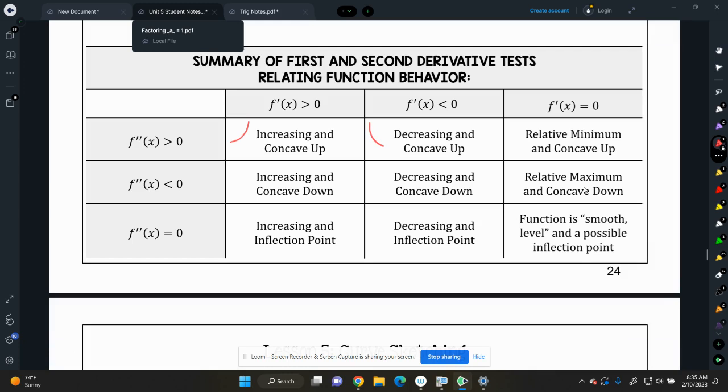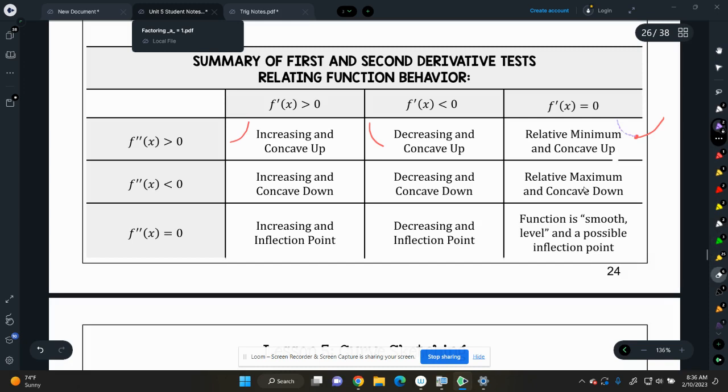Relative minimum and concave up, well, that just means that it's going like that, but it's not going to continue going down, because I know it's a relative minimum. So basically that means that it's going to continue going something like that.